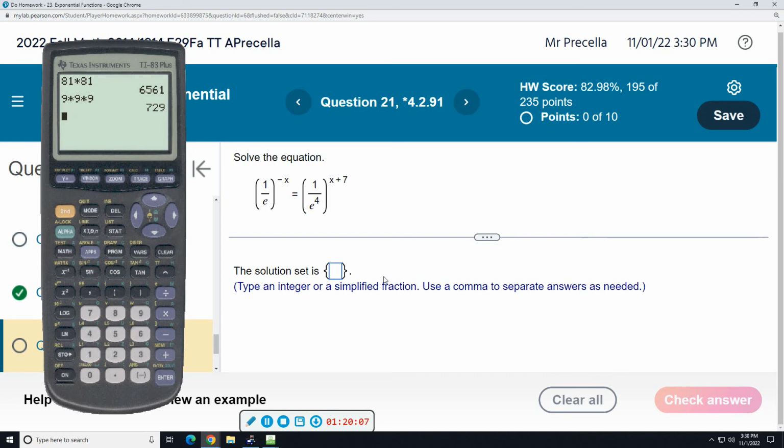So let me write it down. 1 over e to the negative x equals 1 over e to the 4th raised to the x plus 7 power.